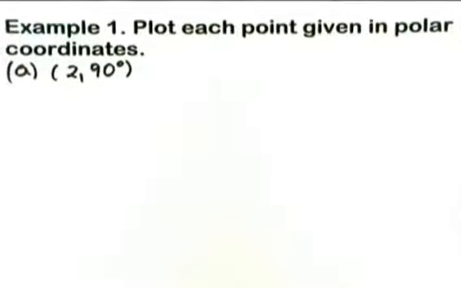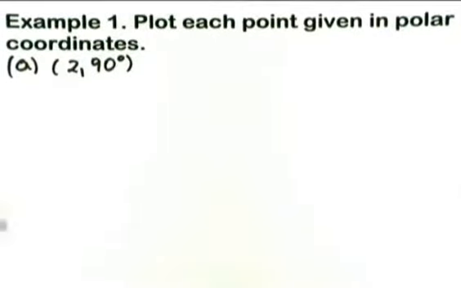Okay, so now we have example 1. Plot each given point in polar coordinates. So we have 2 and 90 degrees.